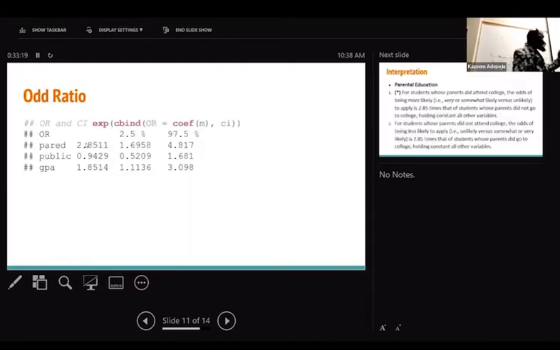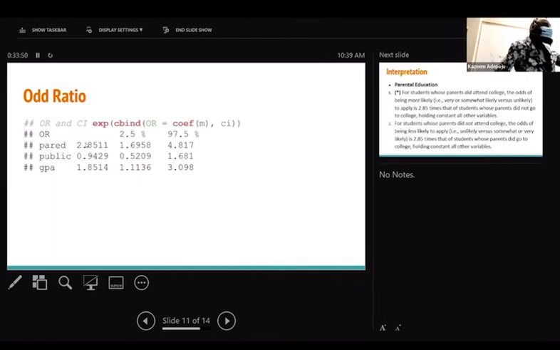The 2.85 is the odds ratio. So which means for students whose parents attended college, the odds of that student being very likely or somewhat likely to apply to college is 2.85 times that of the students whose parents did not attend college.